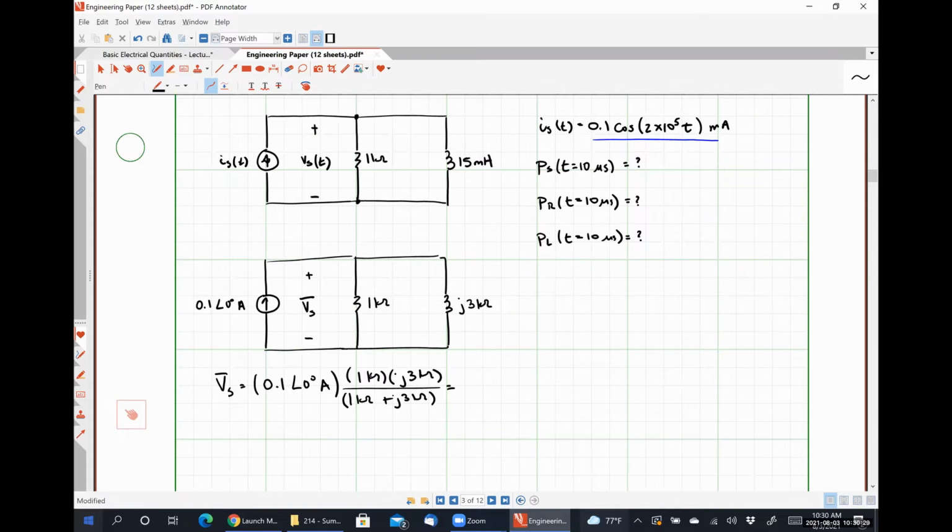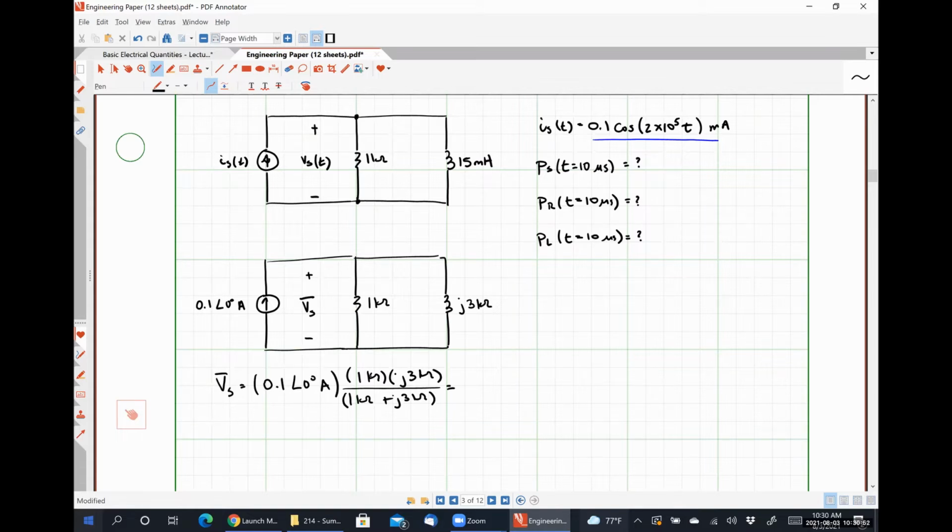So you did 0.1 times 1 times J3 over 1 plus J3. So right now, that would be kilovolts. To get that to regular volts, actually, hold on, let me think about that. Yeah, we need to multiply by a factor of 1,000.